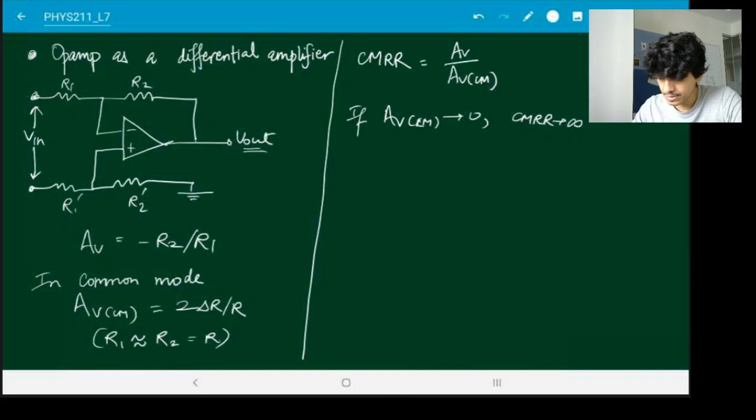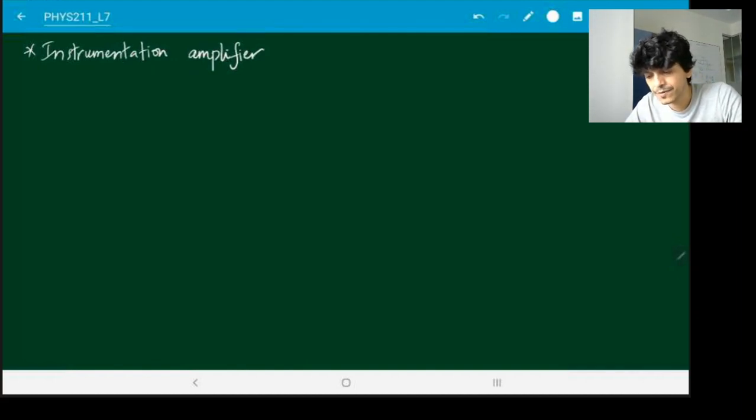So having discussed this, let's go on to one of the main applications for which the op-amp is ever used, and that is called an instrumentation amplifier. An instrumentation amplifier is characterized by a very high differential gain and a very small common mode gain and a very large common mode rejection ratio.